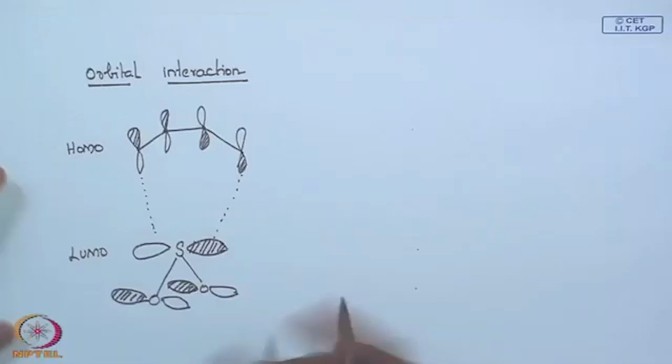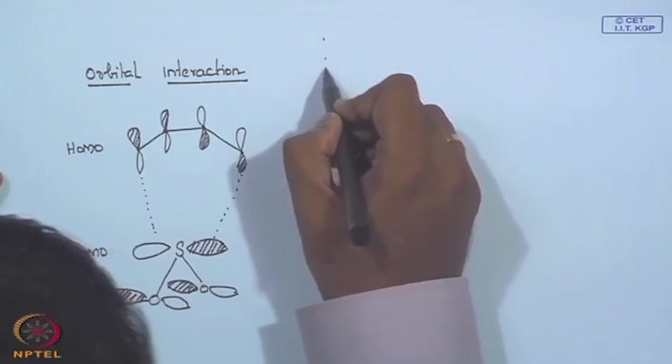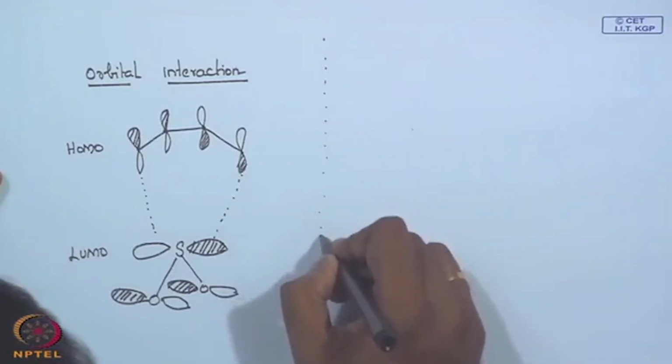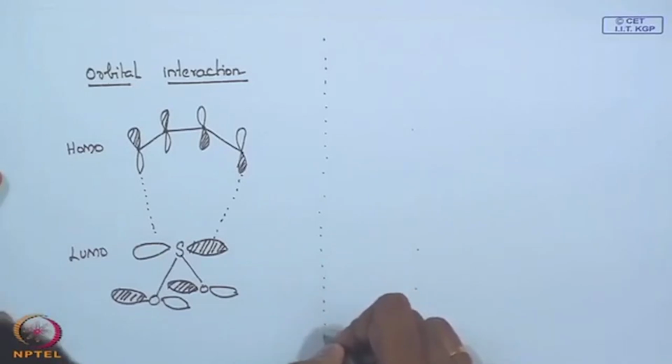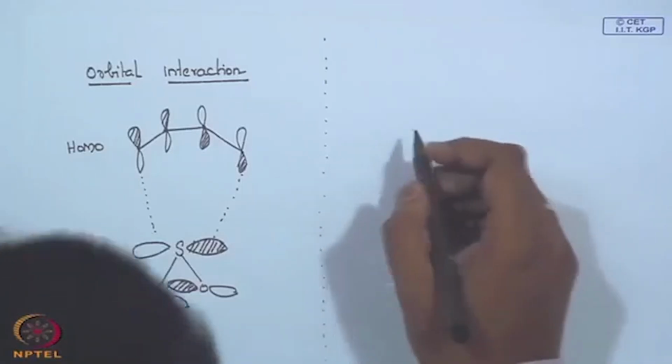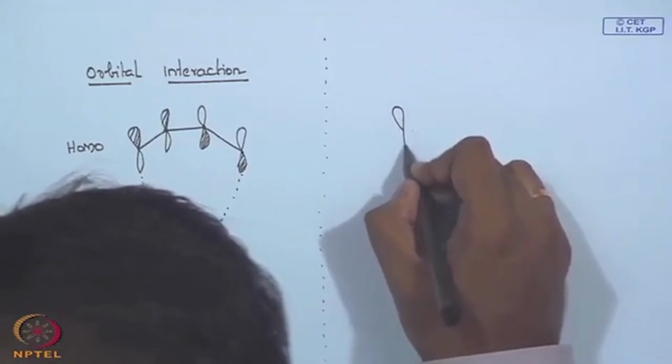Same way you can think from the other angle also. You can take the LUMO of your diene and the HOMO of your sulfur dioxide and see whether it is again a suprafacial interaction or not.